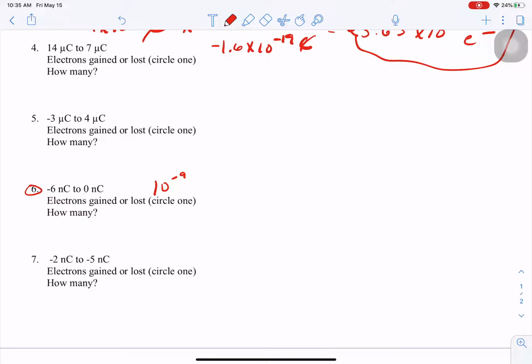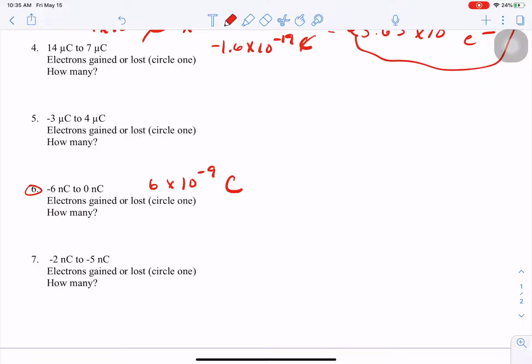So what has happened here? Is it becoming more positive or more negative? If you're going from a negative to 0, you're becoming more positive. So we gained a 6 times 10 to the negative 9th coulomb of charge.